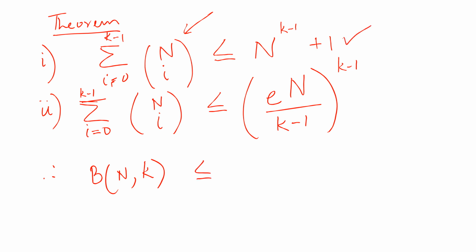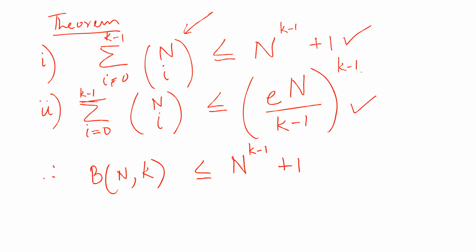The common convention is to pick the first one, and I'm going to go with that, right? So n^(k minus 1) plus 1. We have many choices, I have this choice, I have this choice, but I picked this one up. All of that is fine because now I'm able to establish some kind of a polynomial relationship, right?